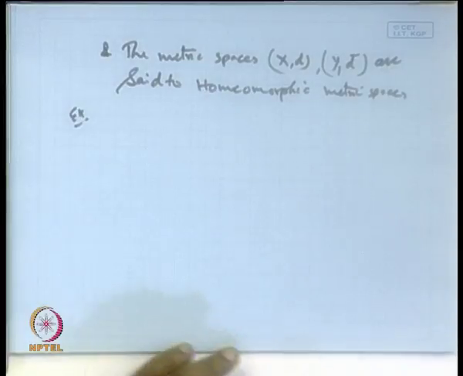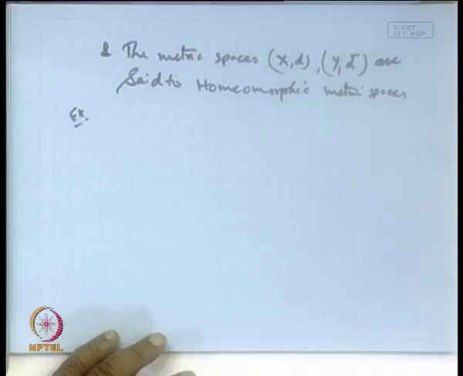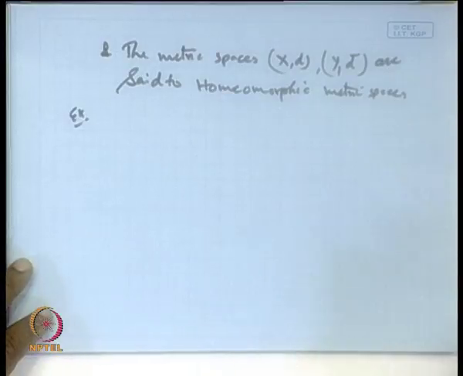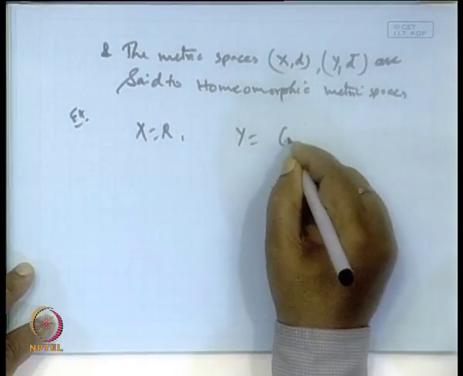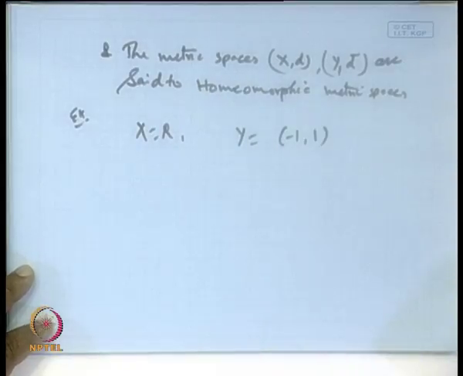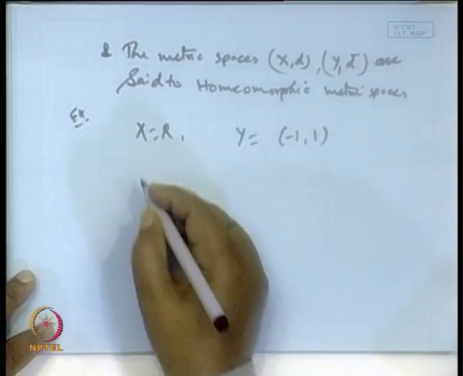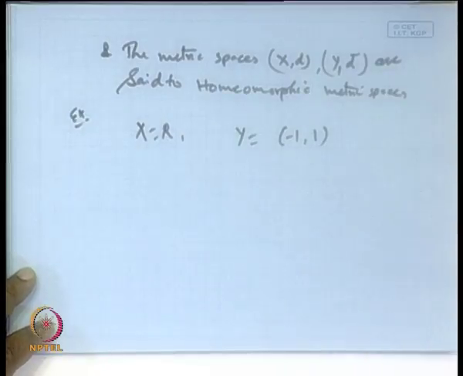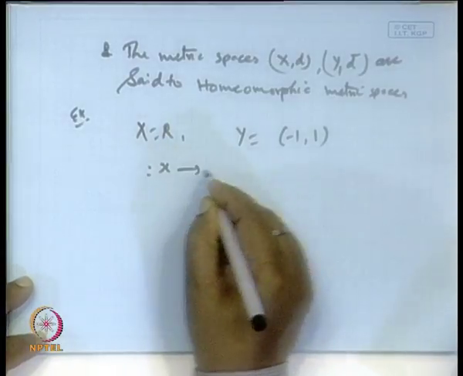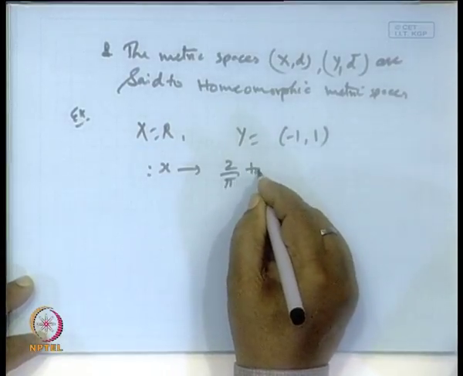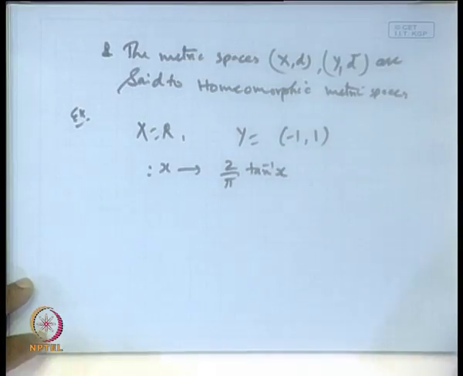Suppose I take X as R and Y as the interval (minus 1, 1), and define a mapping T from this to this as x goes to (2/pi) tan inverse x.